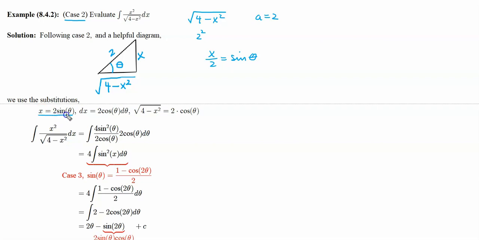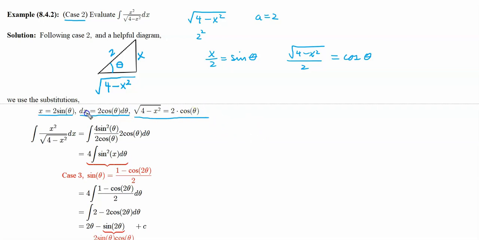So x is going to be 2 sine theta. dx is going to be 2 cosine theta d theta. And then if you look at this diagram up here, you'll notice that the square root of 4 minus x squared over 2, that's equal to the cosine of theta. Move the 2 over, and you get that the square root is 2 times cosine theta.